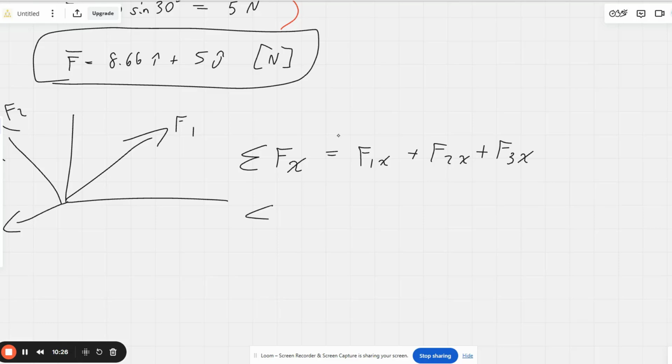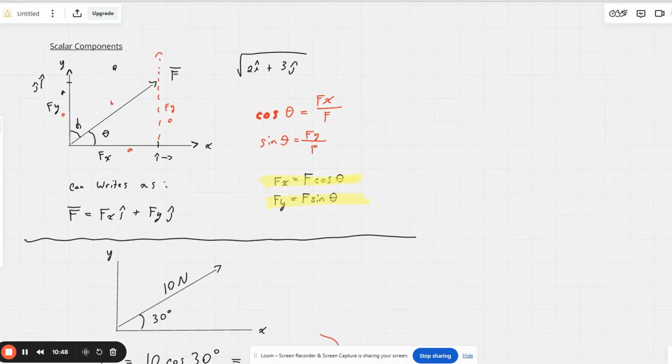And then we could do the same thing with the y's: F1y plus F2y plus F3y. And that, I hope you can see, would become a lot simpler than trying to deal with these one at a time.